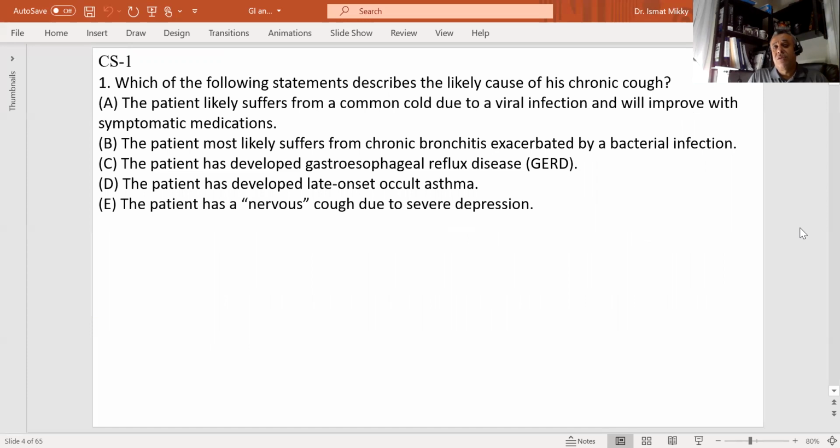Patients with GERD tend to develop a chronic cough, so the answer is that the patient has developed GERD, gastroesophageal reflux disease, although the most common cause of chronic cough in adults is post-nasal drip syndrome.